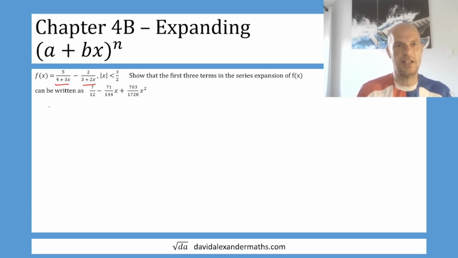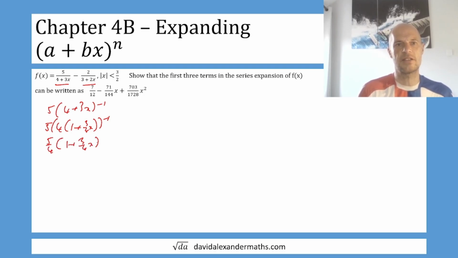So on this left-hand side, I'm going to do 5 over 4 plus 3x, which is 5 lots of 4 plus 3x to the negative 1, which is the same as 5 lots of 4 lots of 1 plus 3/4 x to the negative 1, and that is the same as 5 lots of 4 to the negative 1, and 4 to the negative 1 is a quarter, so that is 5/4 times by 1 plus 3/4 x to the minus 1.